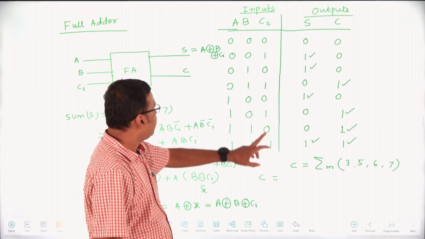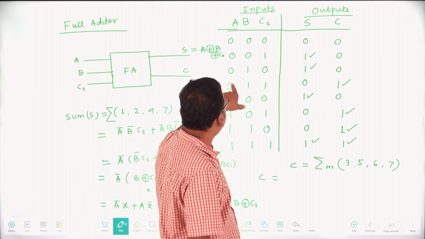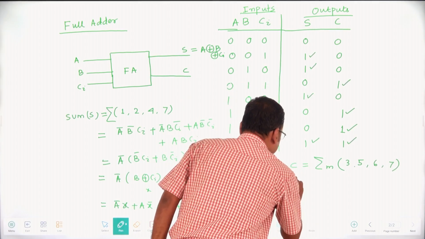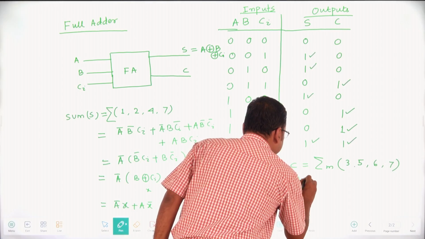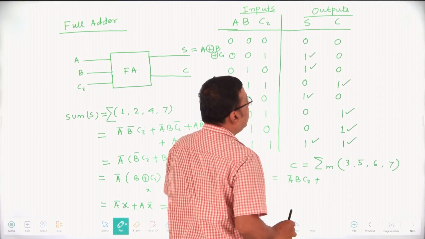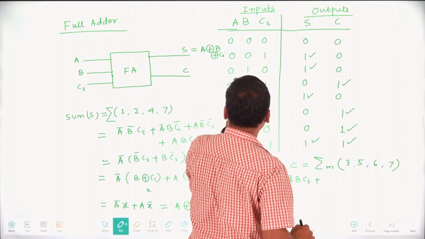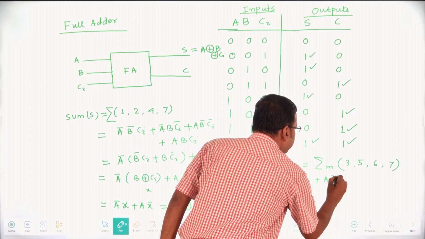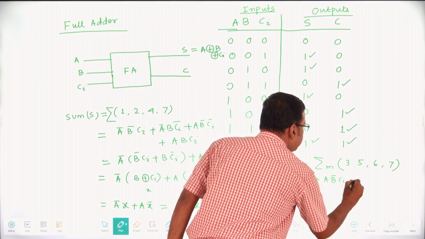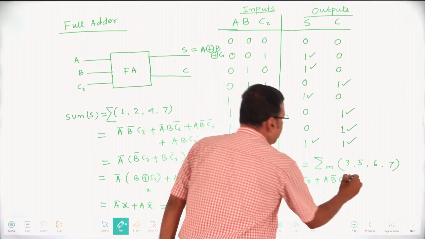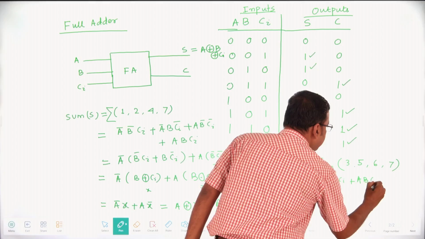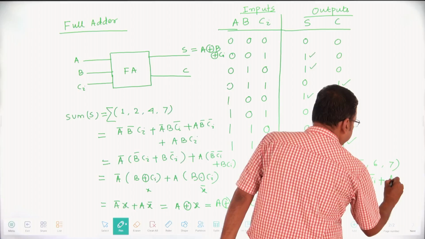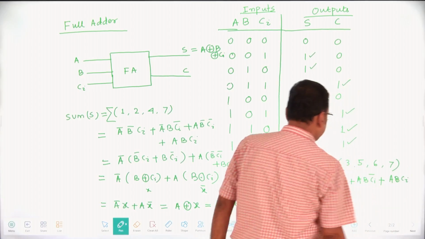For 3, the corresponding input is A bar B Ci. Plus, again this one, 5, that is A B bar Ci. Plus, this one is nothing but A B Ci bar. Plus, this one is nothing but A B Ci.